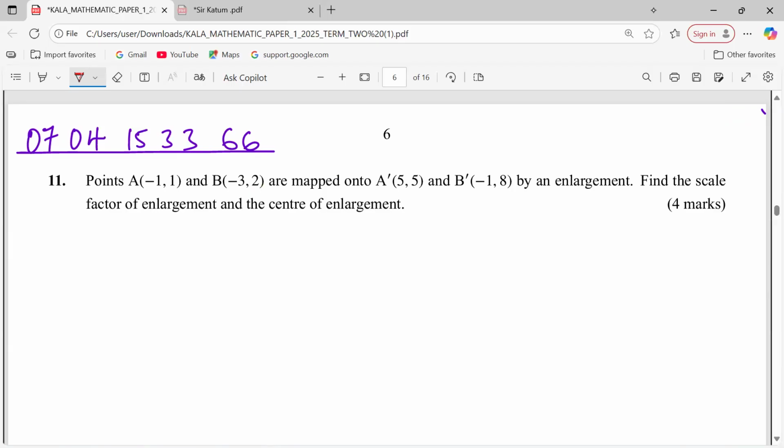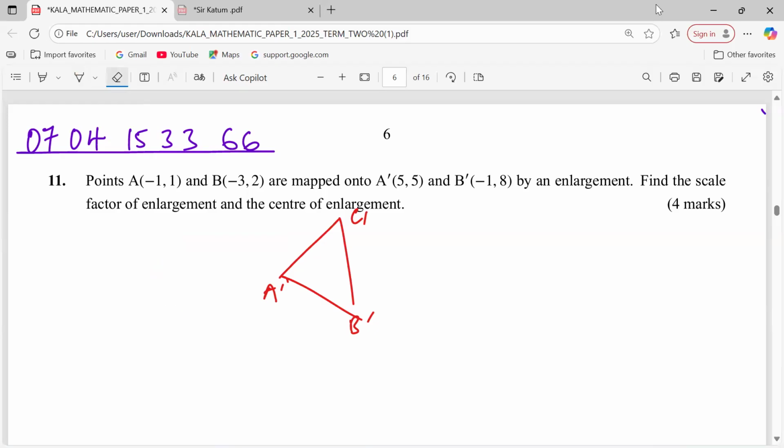So, in other words, say we have a triangle ABC, then it's enlarged to A prime, B prime, C prime. Then corresponding lengths like B prime C prime divided by BC should give us the scale factor of this particular enlargement.